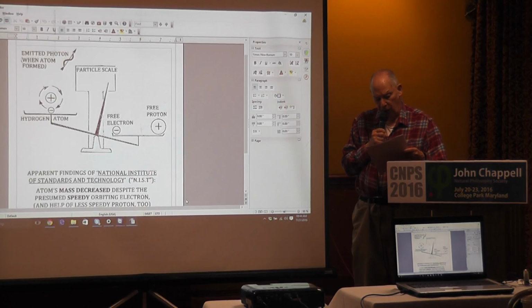If NIST is right and the hydrogen loses mass when emitting the photon, that locks us into accepting that the photon has, at least momentarily, a particle-like characteristic, and likely similarly when the photon reaches its target and is absorbed, and thus the target's mass increases.